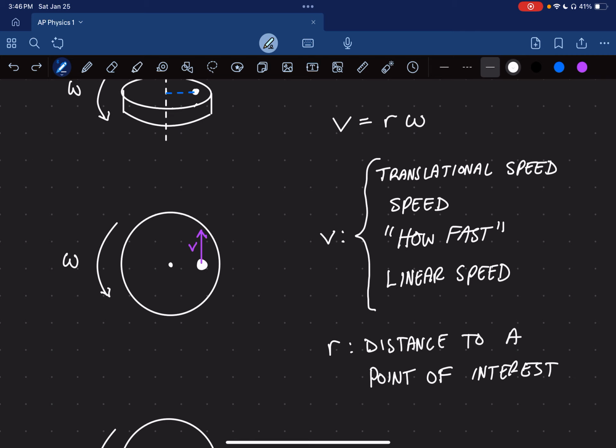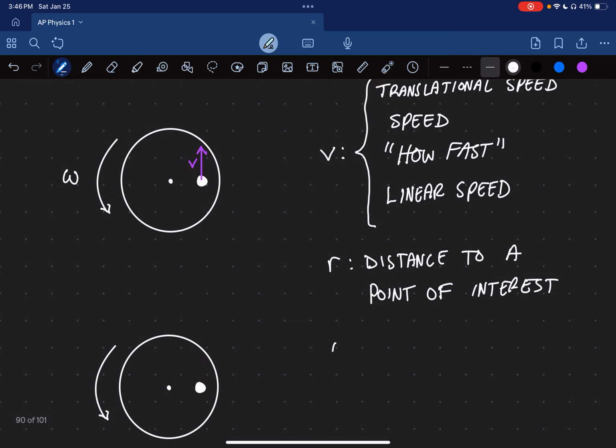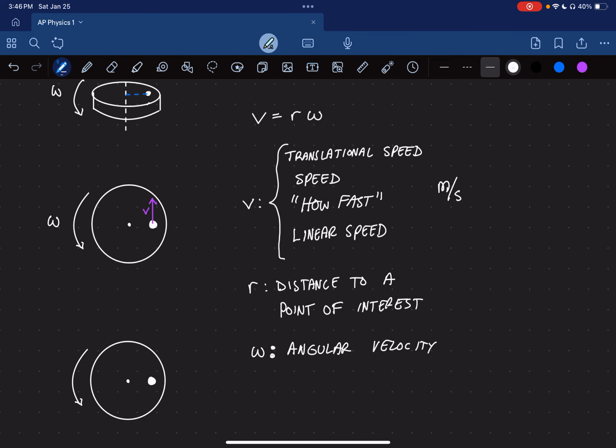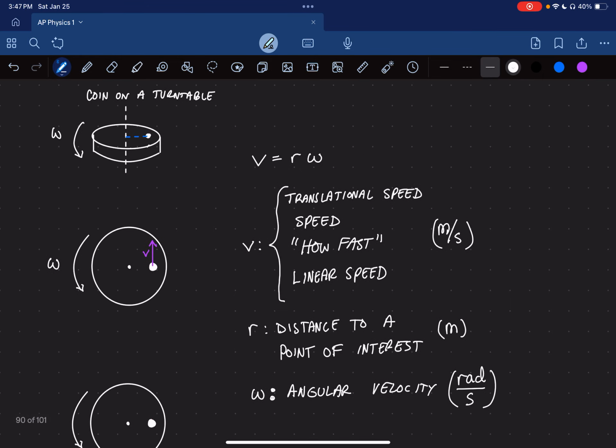So we'll call it r and not capital R. We use capital R for the radius of things. Cool. And then omega, of course, is the angular speed or angular velocity, rotational speed or rotational velocity. v is in units of meters per second. r is in meters, and omega is in radians per second, as we already discussed. Cool.